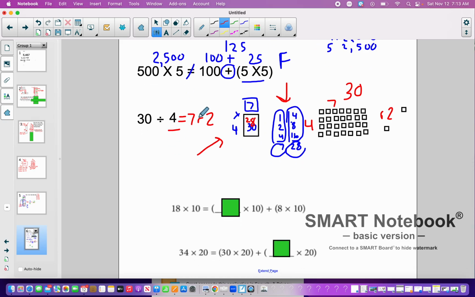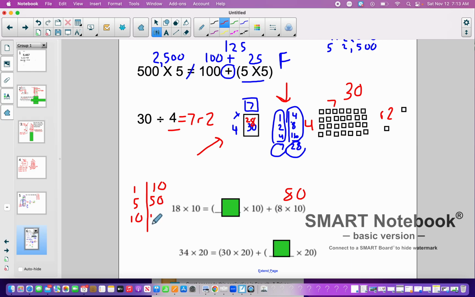You're also going to have to do some problems like this. 18 times 10 equals something times 10 plus. So again, what are you going to do? You're going to solve this. You can make a ratio table for this. So one thing you do is 1 times 10. If I know that 5 times 10 is 50, then I could double the 5 to get 10.